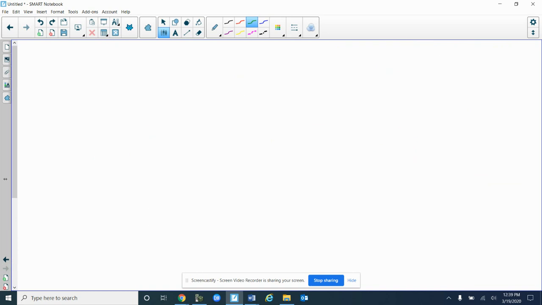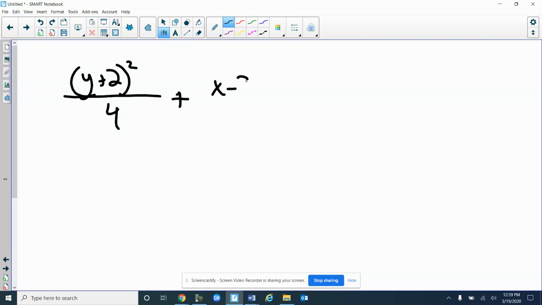Let me do another example. I'm going to change this up a little bit, maybe y plus 2 squared over 4 plus x minus 3 squared over 25 equals 1. All right? The first thing I'm going to recognize is where my center point is.